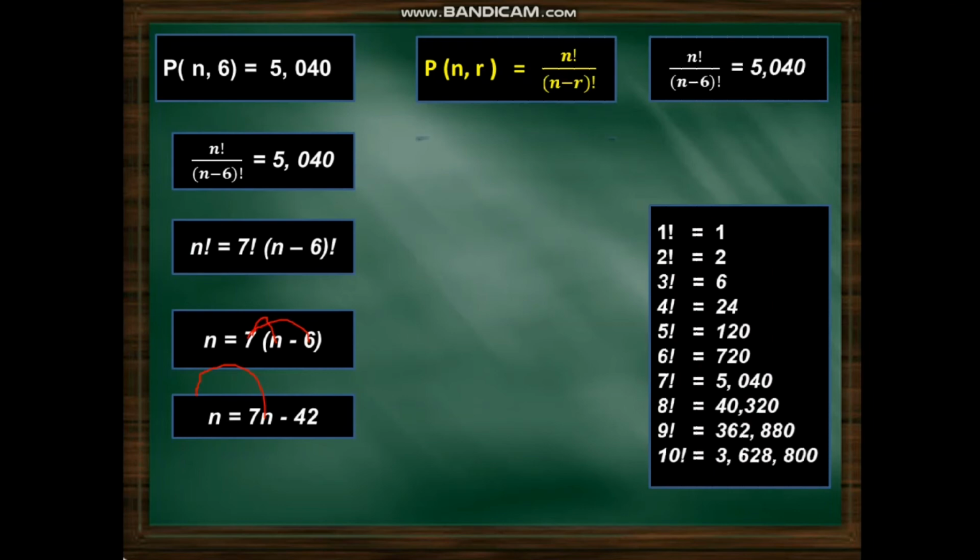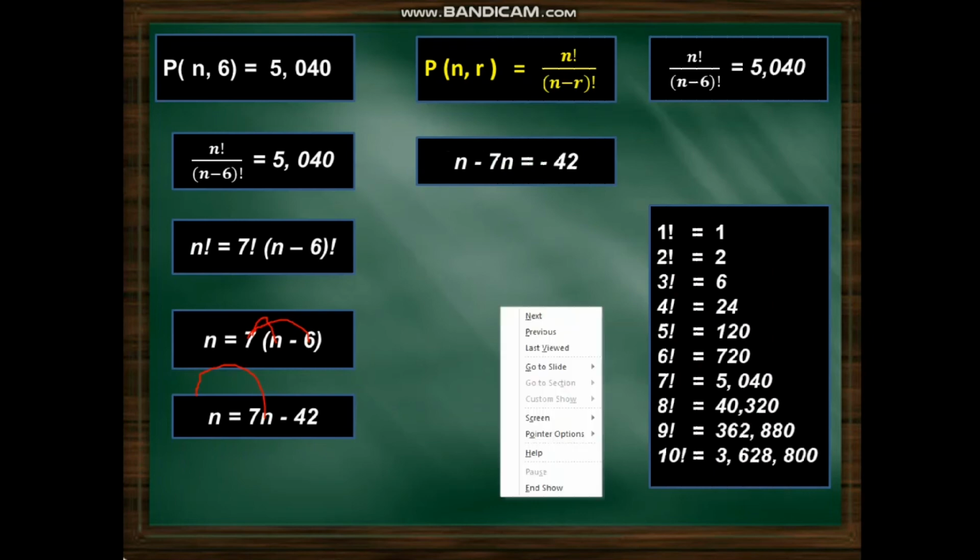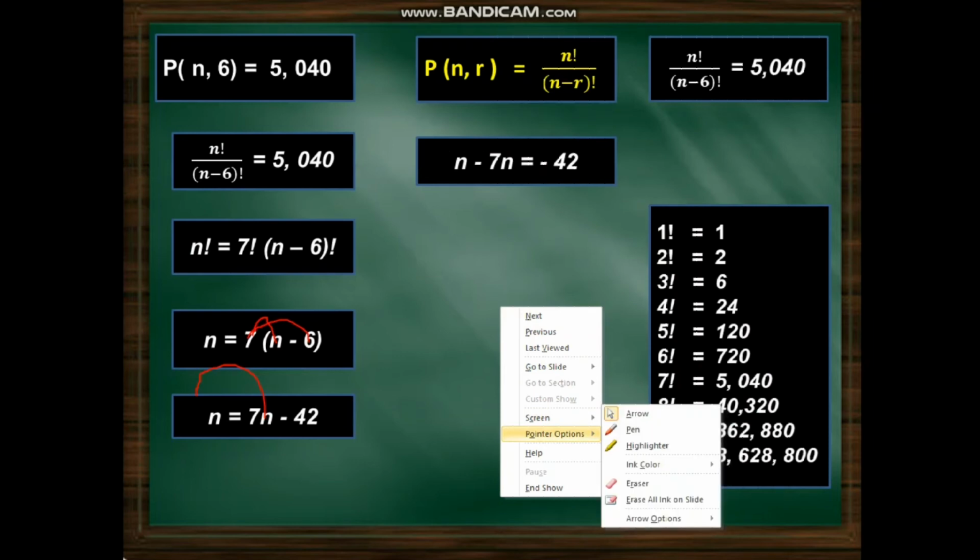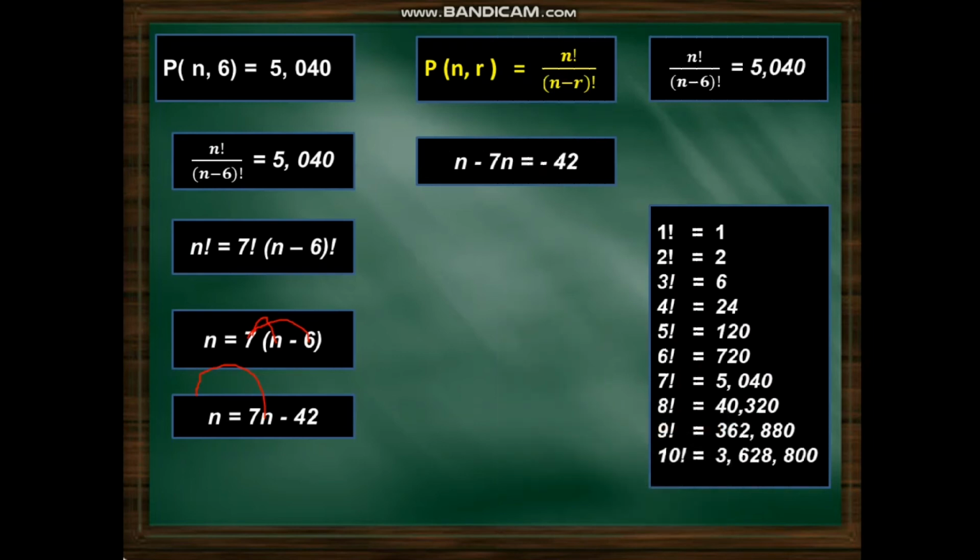Kaya ang mangyayari ay, this will become n minus 7n, which is equals to negative 42. Then, we have now to subtract n minus 7n, that is equivalent to negative 6n. Kaya ang lumabas, we have now negative 6n is equals to negative 42.